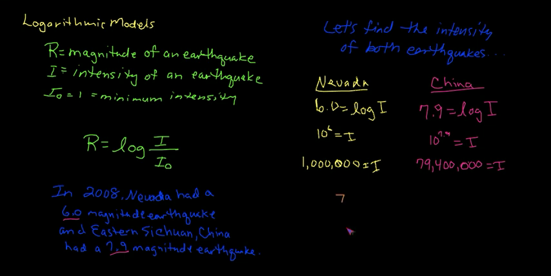So the China earthquake, at 79,400,000 intensity, compared to the Nevada earthquake, which had an intensity value of 1 million, once we reduce everything here, drop our zeros, and divide everything by 10, we're going to get approximately 79.4 times more intense.